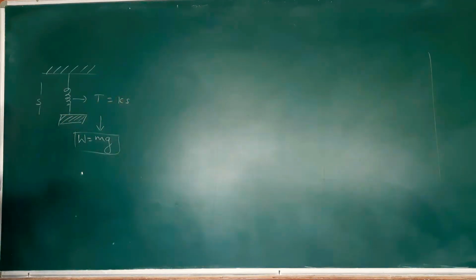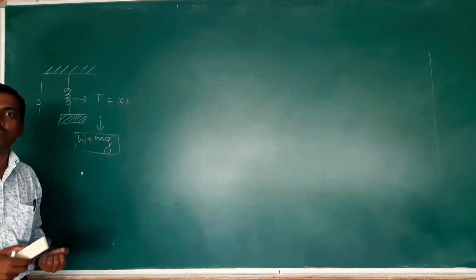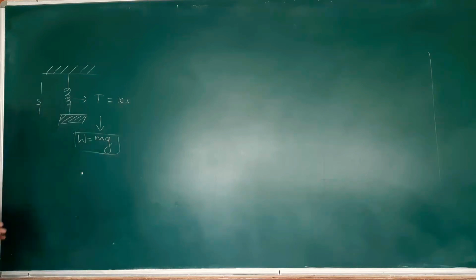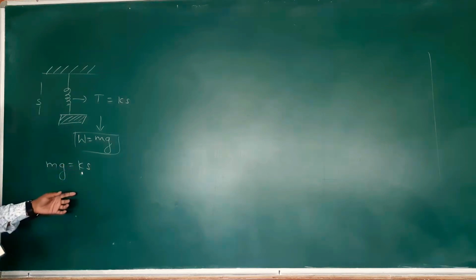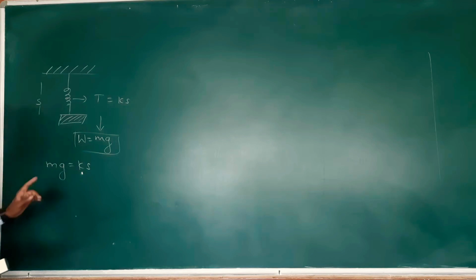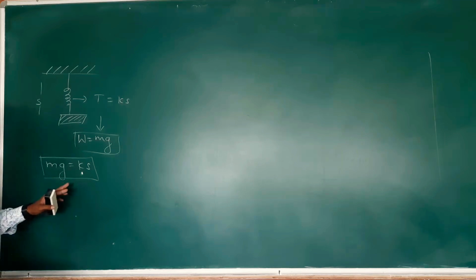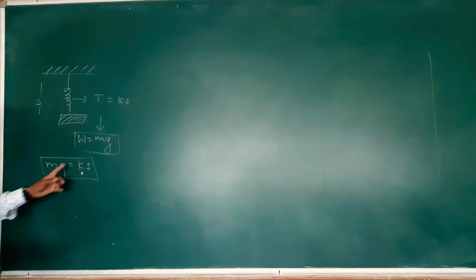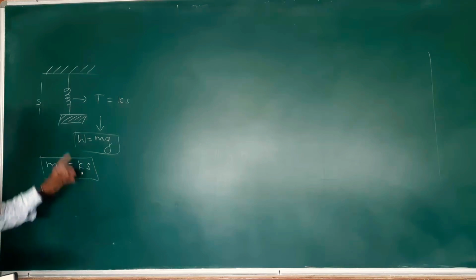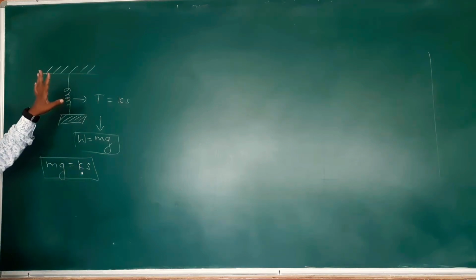Now equilibrium occurs means the weight is exactly balanced with the tension Ks. So mg is equal to Ks. This we use to find the constant K, that is, the spring constant, right?